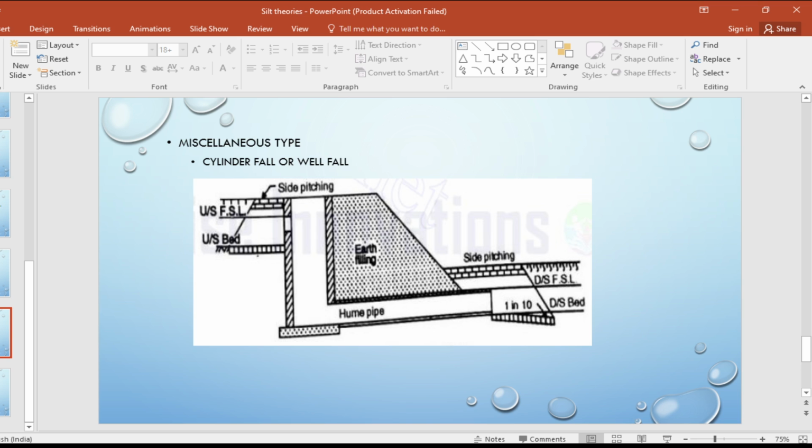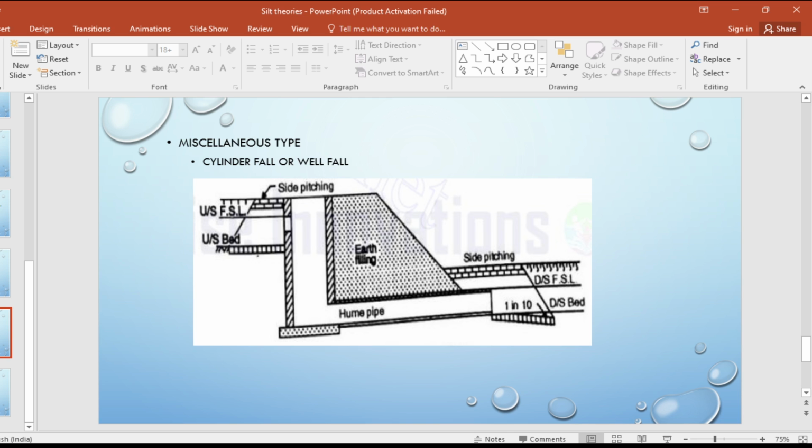They are quite suitable and economical for low discharges and high drops, and are used at tail escapes of small channels. These cylindrical types of falls are suitable and also economical for low discharges and high drops.